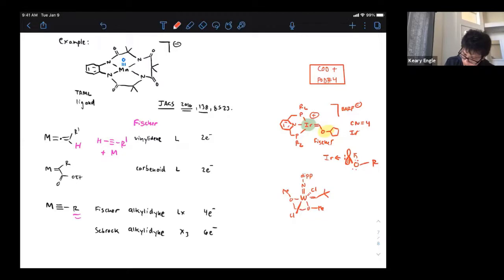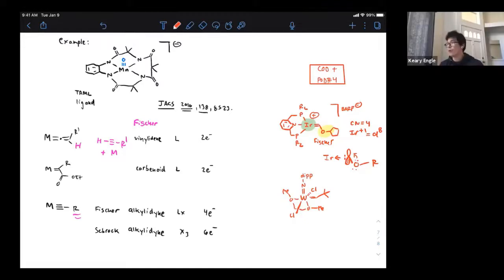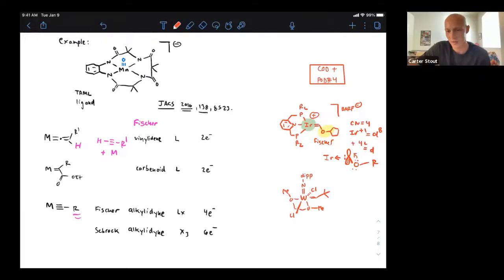Iridium 1, so you said, and that's d what? d8. d8, okay. And then 4 L-type ligands, 8 electrons. That would yield us a what? What'd you get for this, Carter? 16.